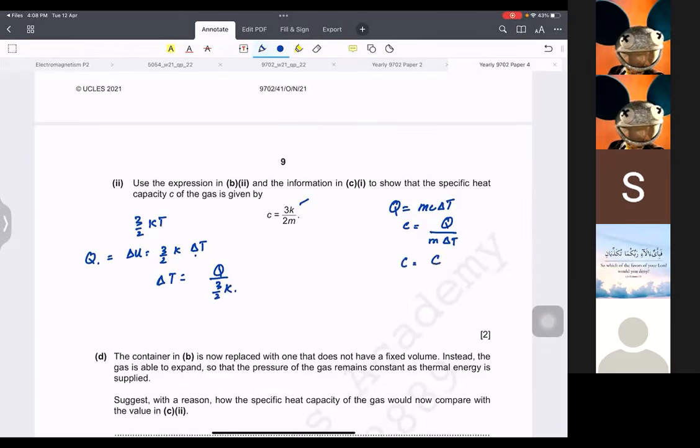Then Q over m times delta T: the 3/2 k goes up, so it will be 3/2 k over Q, and Q will cancel out, over m. Okay, we got it. 3/2 k over m, proved. Is it clear?